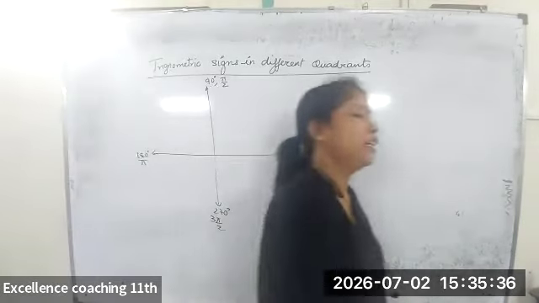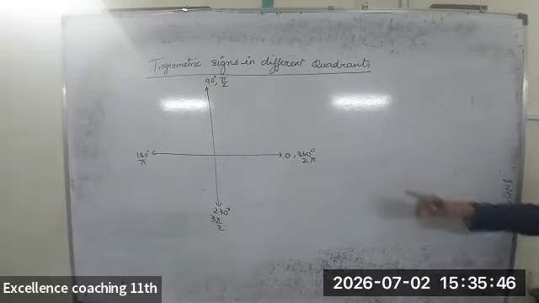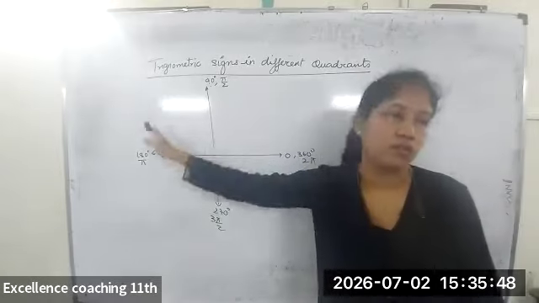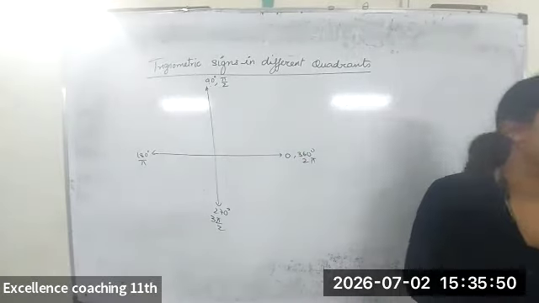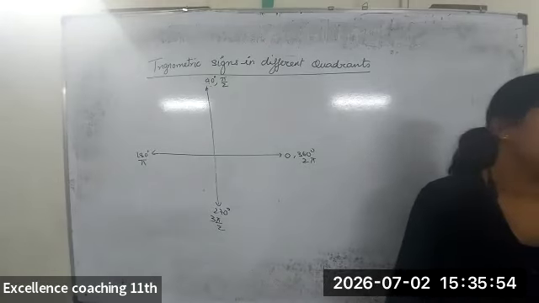Both I'm writing, degree and also radians. So now you get used to writing in radians also. 0, pi by 2, pi, 3 pi by 2, 2 pi. This is in terms of radians, this is in terms of degree. Both you have to know. Okay, directly, rather than every time converting by multiplying with 180 upon pi, that is not possible.